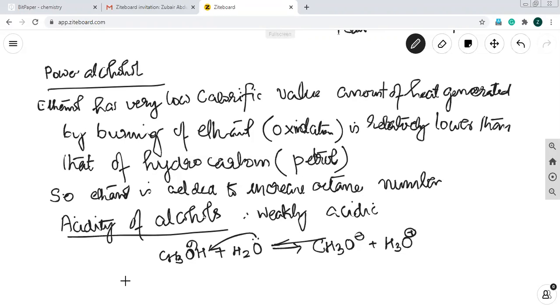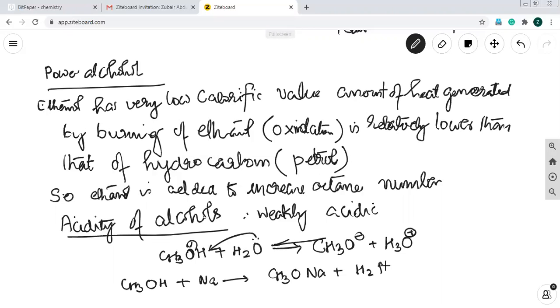So if you take CH3OH and add sodium into it, the Na will replace the hydrogen and form CH3ONa plus H2 gas.